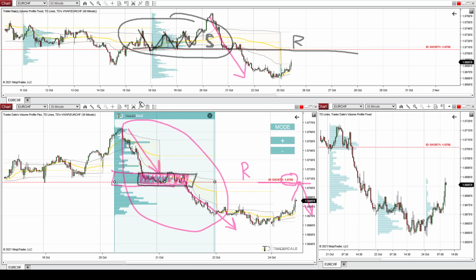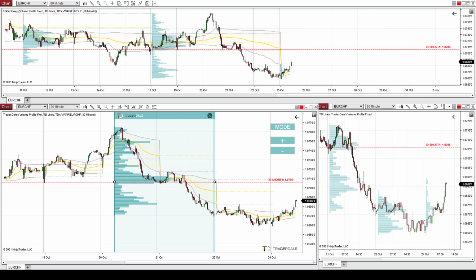This is a price action setup which I like to use in combination with the volume profile setup, which I showed you here. Both those trading setups currently point to the same trading level, the same resistance zone, which starts around 1.0706. So that's the first trading idea on the Euro Swiss franc.